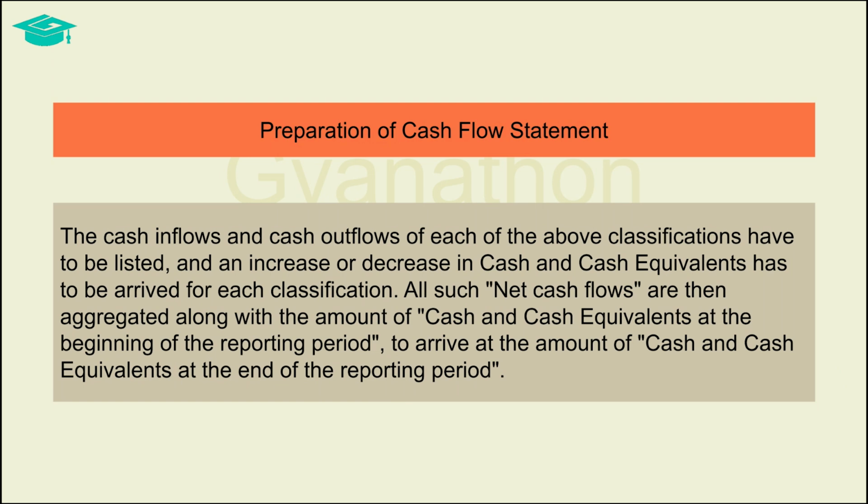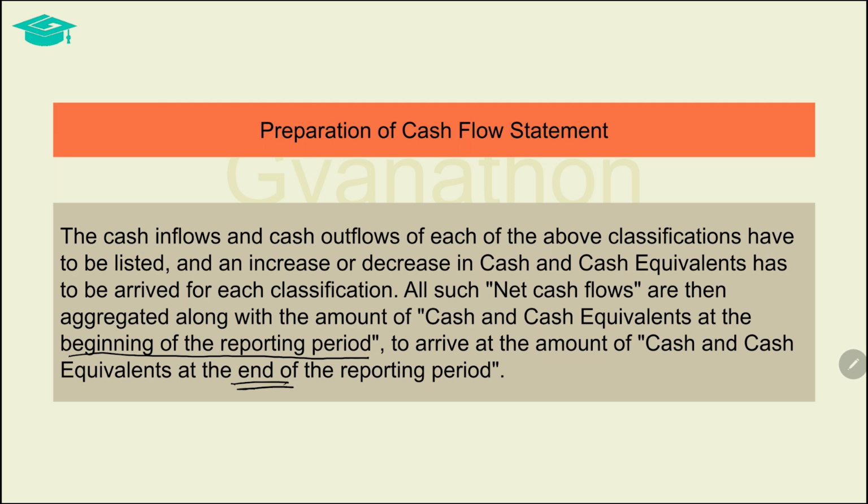Now, we have to first take the amount of cash and cash equivalents at the beginning of the reporting period and add the net cash inflows and deduct the net cash outflows ascertained for each of the three classifications. This gives us the amount of cash and cash equivalents at the end of the reporting period.